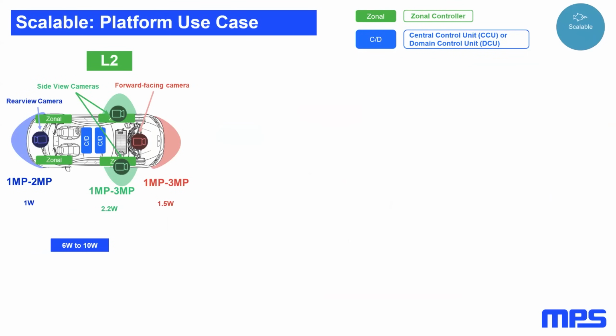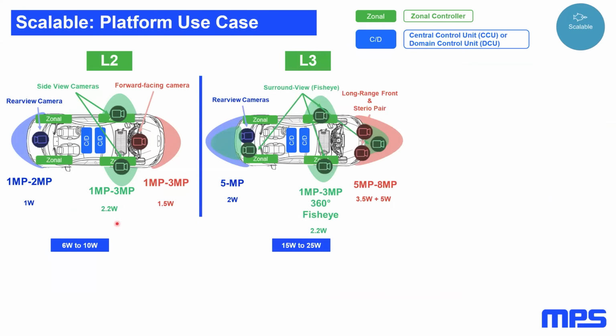In L2 ADAS, we use 1 to 3 megapixel for the forward-facing camera and the side view camera, and 1 to 2 megapixel for the rear view camera, for a total power of 6 to 10 watts. Looking forward to the next step, L3 ADAS is going to need higher resolution and more cameras to serve its own purpose.